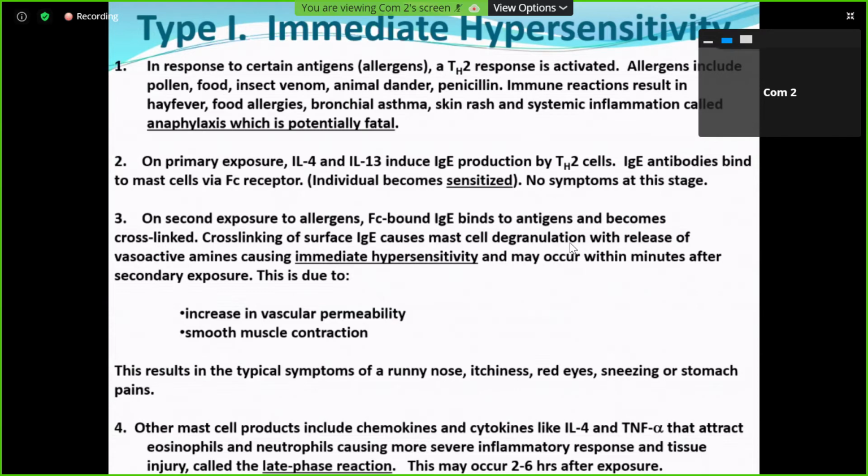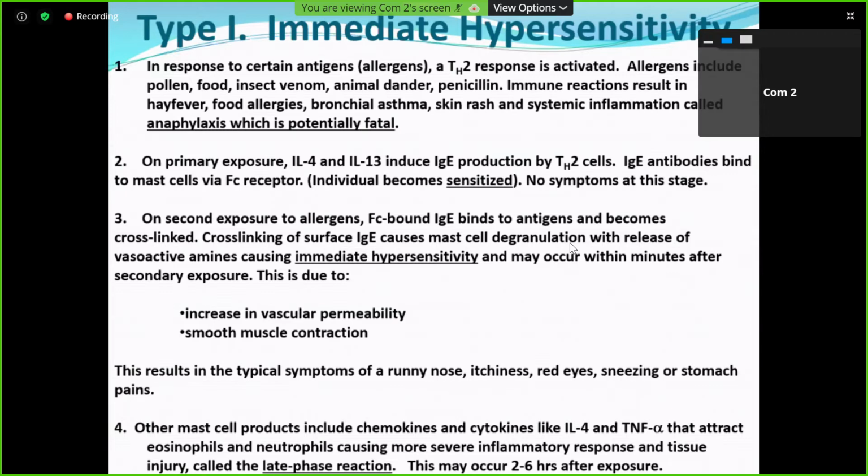The reason is that the initial exposure results in sensitization of the person to cause the T helper cells, predominantly Th2 cells, to induce B cells to undergo isotype switching to make IgE.